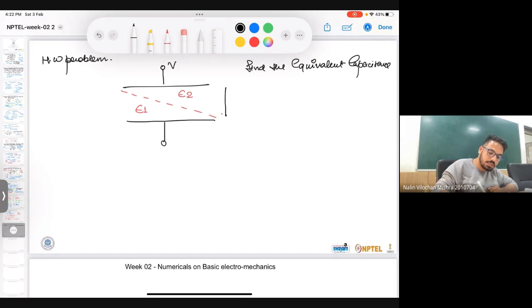The thickness is given as D, and the area is equal to A.